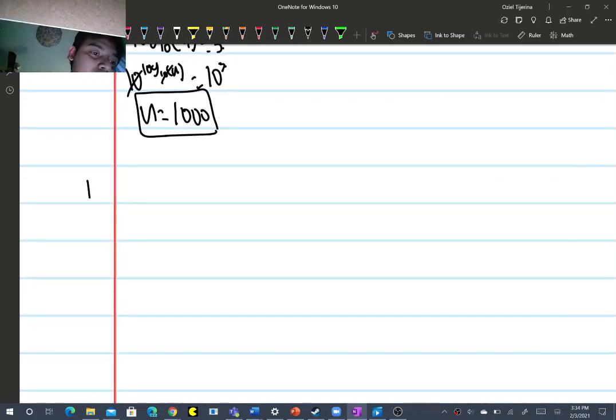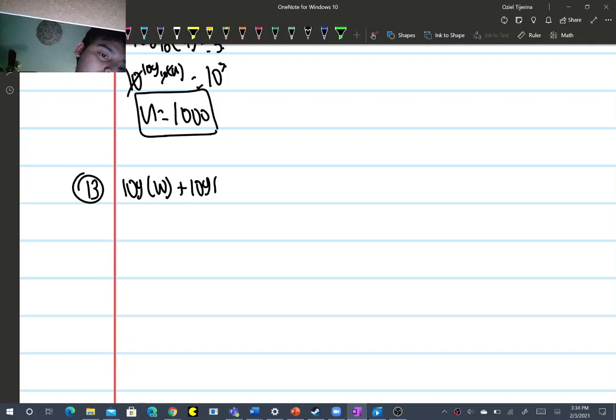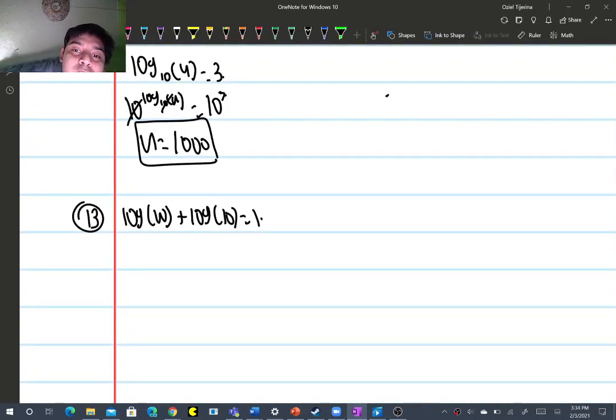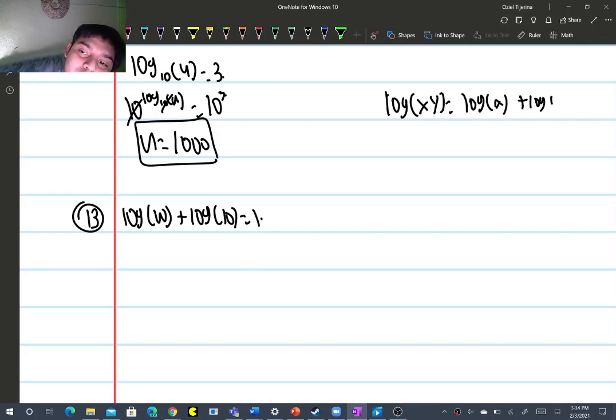Okay, so we're going to do another one that's a little more difficult. Log of w plus log of 10 equals 1. Now, if you remember from your properties of logarithms that log of xy equals log of x plus log of y, okay? So that's basically the rule.